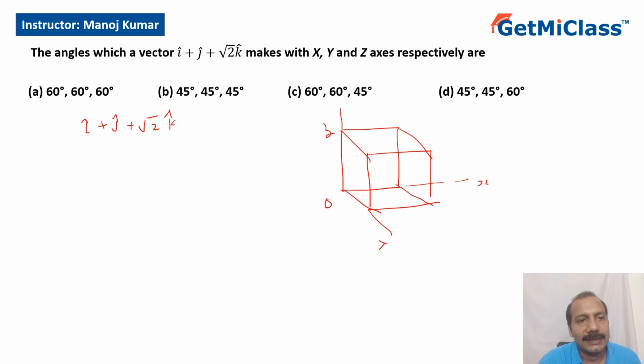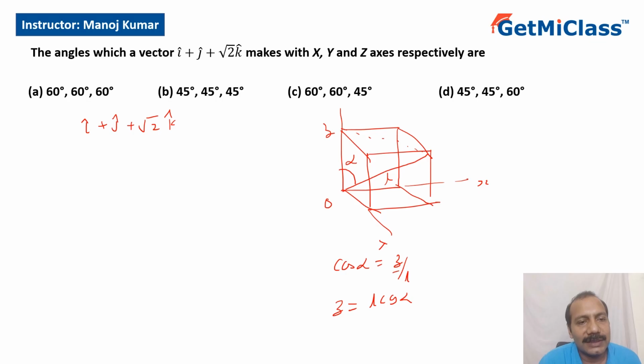Now let's say this is the vector. Now let's say it makes an angle alpha with z-axis. Then if the vector's length is L, cos alpha equals how much? Z by L, right? Or Z equals L cos alpha. This is how we get it.